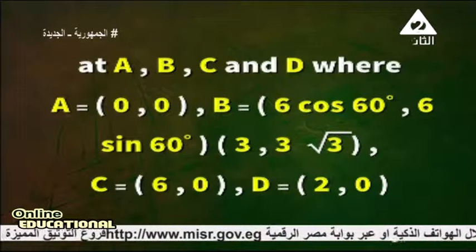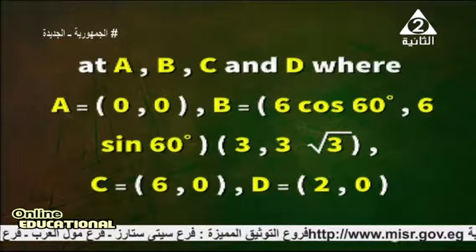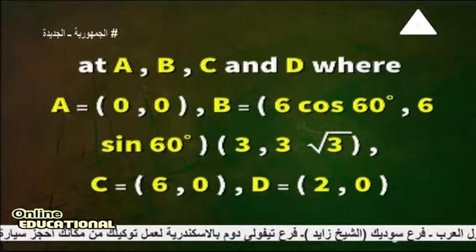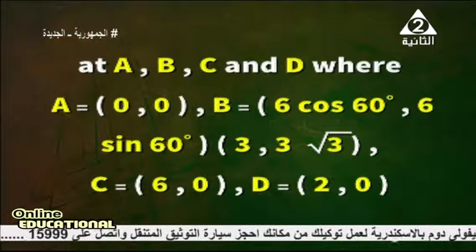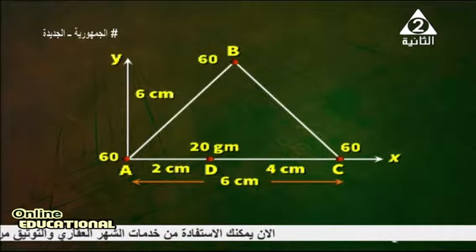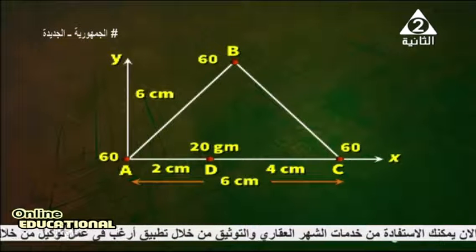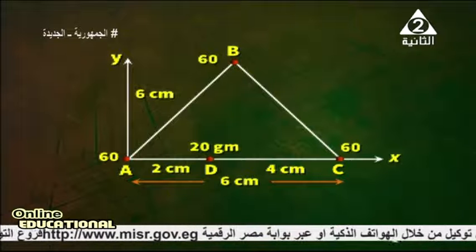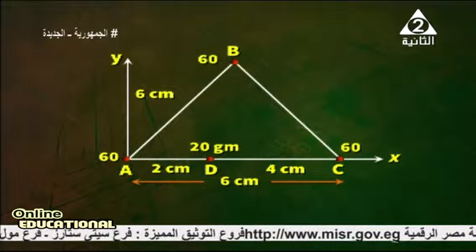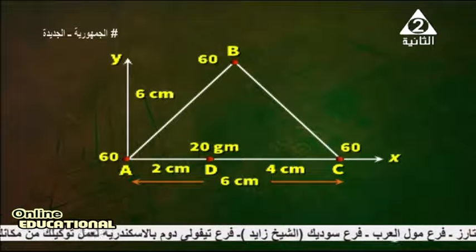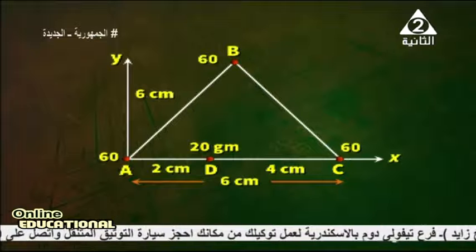At A, B, C and D, such that point A is the origin. Look at the figure to determine A, B, C and D. This is the lamina in the shape of equilateral triangle ABC. The point D is at a distance 2 centimeter from A. We know that the length of the side of the equilateral triangle is 6 centimeter.